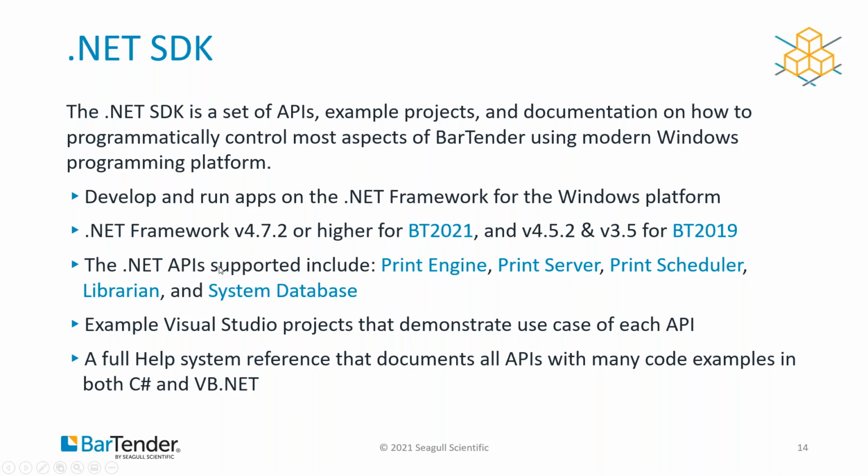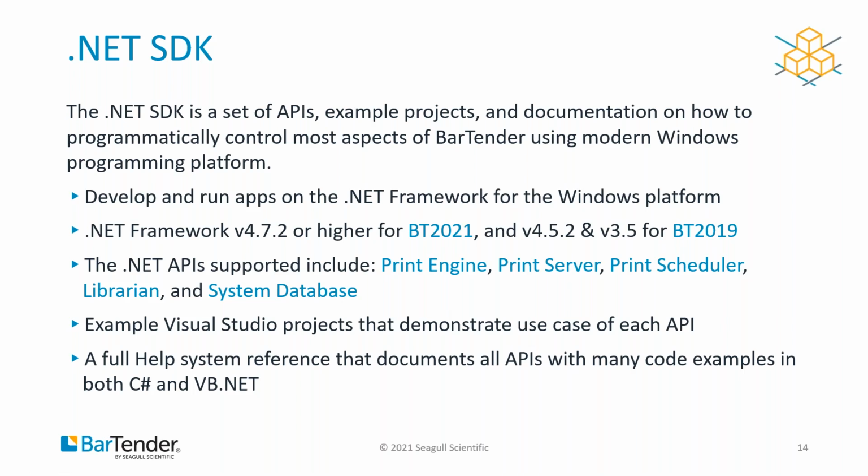The .NET APIs supported include the Print Engine API, Print Server, Print Scheduler, Librarian, and the System Database. So these are different APIs that do different things in different ways and provide separate types of functionality. And we'll look at each one in turn in just a moment.